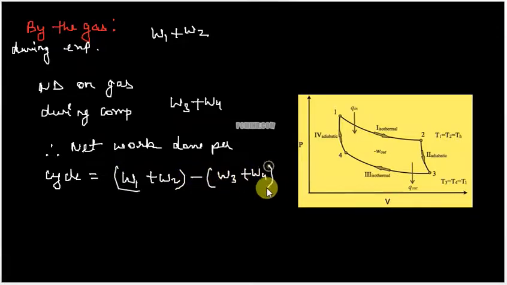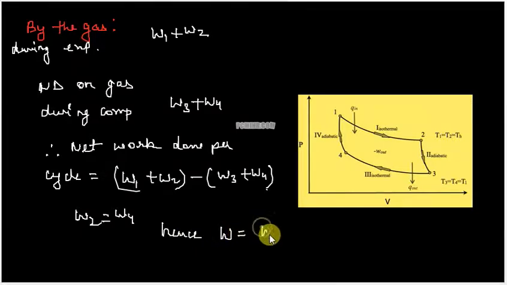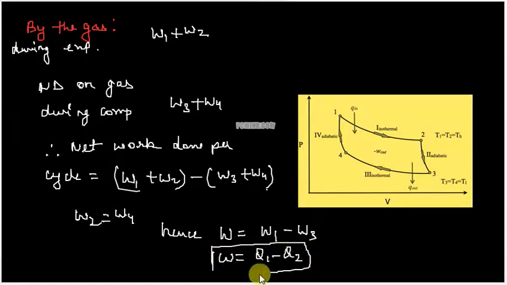And since my W2 and W4 are equal in magnitude, if you just talk of the magnitude, they would cancel out, and hence my net work done is equal to W1 minus W3, and W1 was Q1 minus Q2. So we simply arrive at the equation that W is equal to Q1 minus Q2.